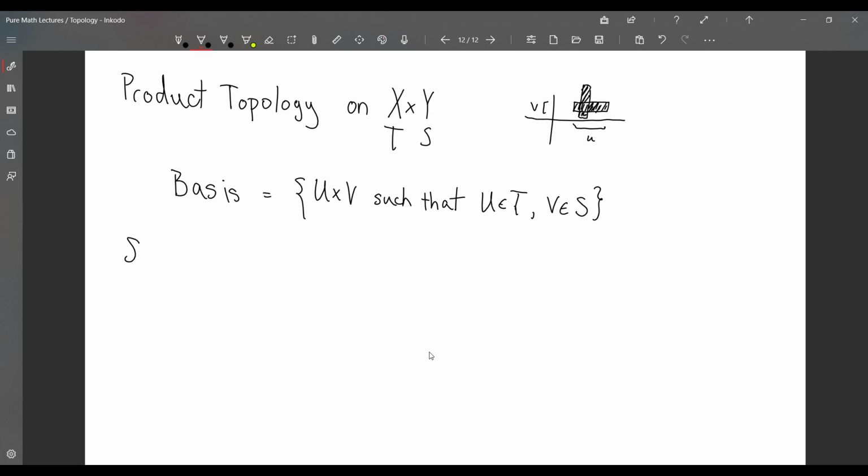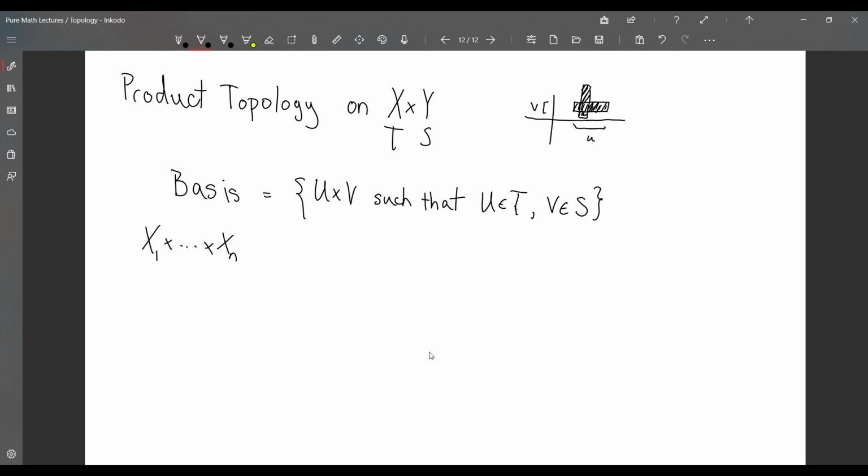The next thing, the subspace topology. Actually, no, I'm going to stick with this. So this is the product topology on a product of two sets, right? And this generalizes nicely when you have a finite product, X_1 through X_n, right?